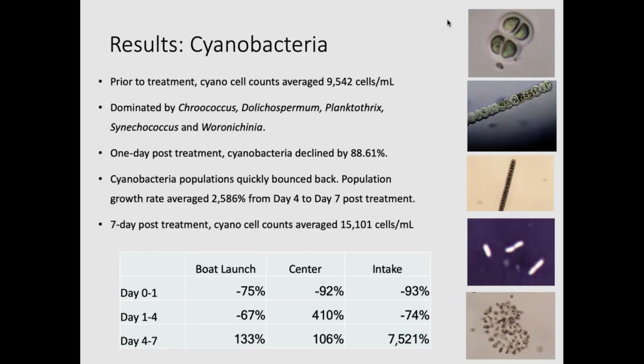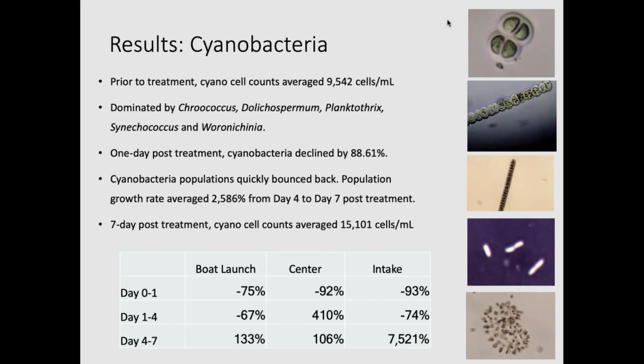Zooming into the cyanobacteria data, prior to the copper sulfate treatment, cyanobacteria cell density averaged about 9,500 cells per mL and was dominated by Microcystis, Dolichospermum, Planktothrix, Cyanococcus, and Aphanizomenon. The copper sulfate treatment successfully eradicated a large portion of cyanobacteria.